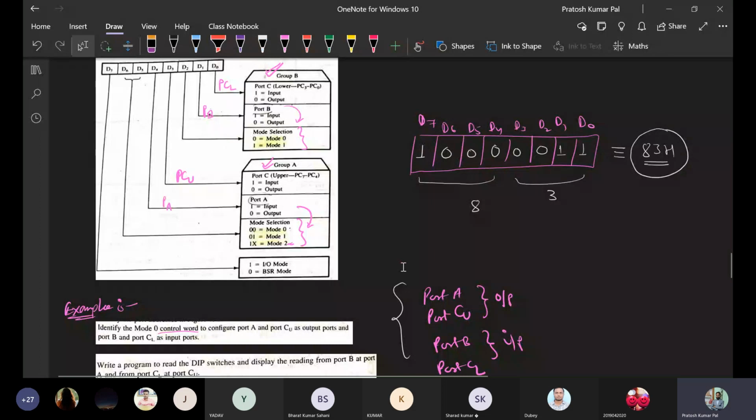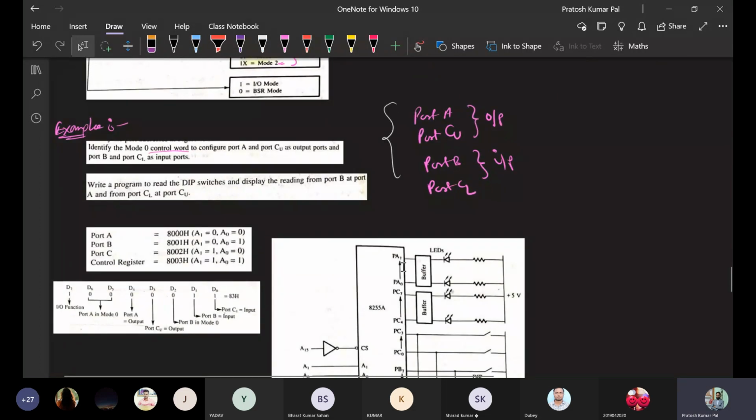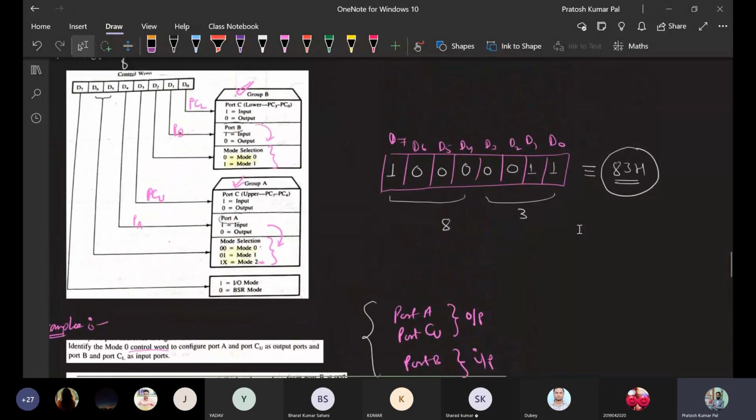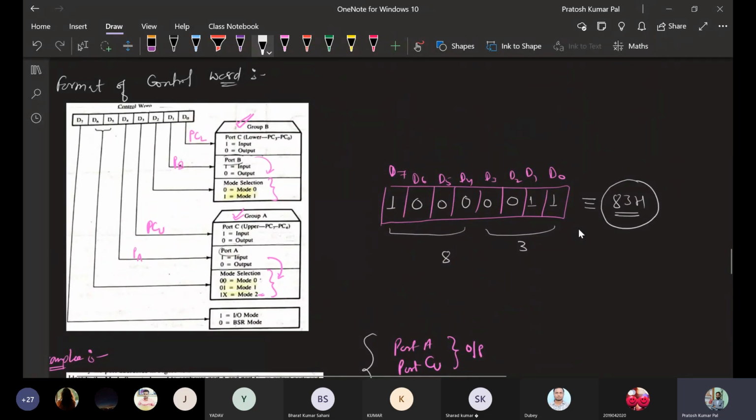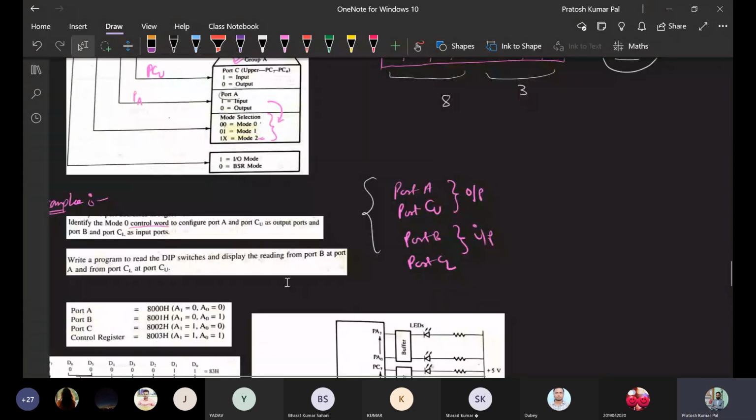So first of all, this is the data for the controller, the control word. Before going for the control word, we need to decide the port address.